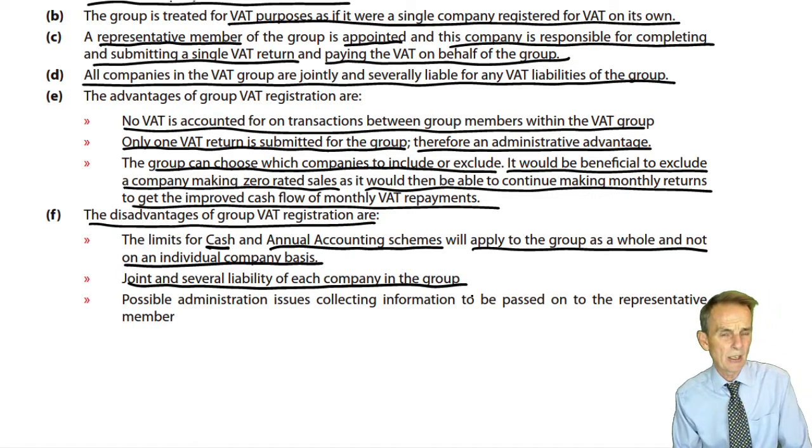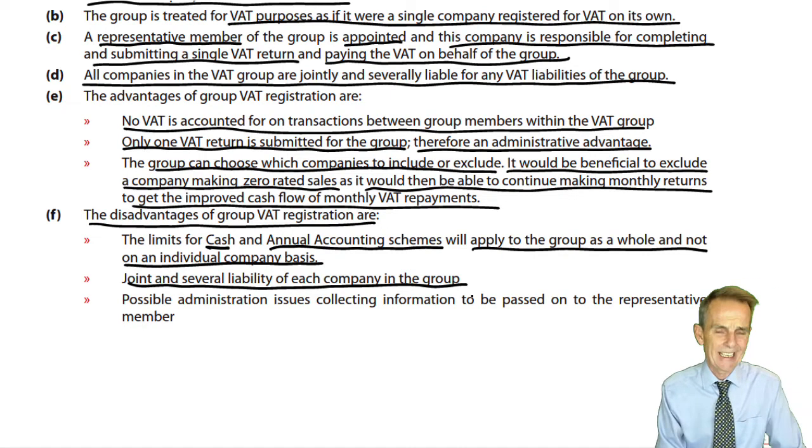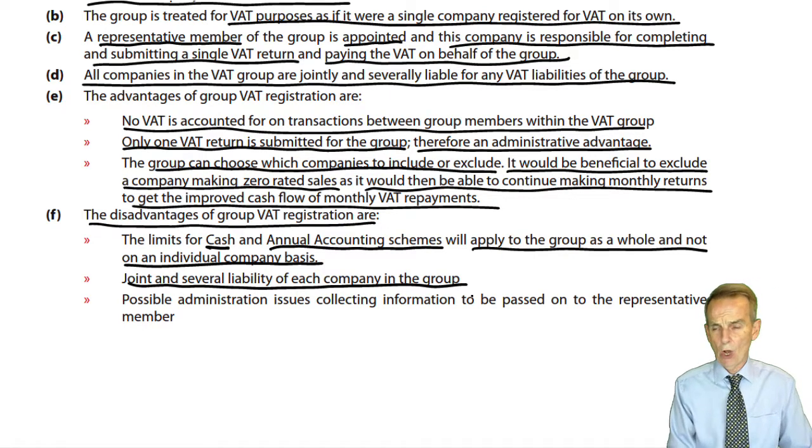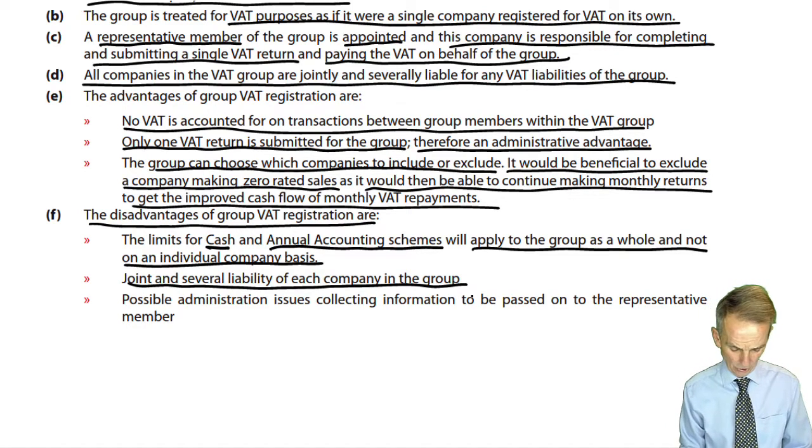And also that we've said administratively, there's now only one VAT return to submit rather than however many companies are in the group. You've still got to get all that information from each of those companies into the representative member so it can submit its own VAT return for all members of the group VAT registration.